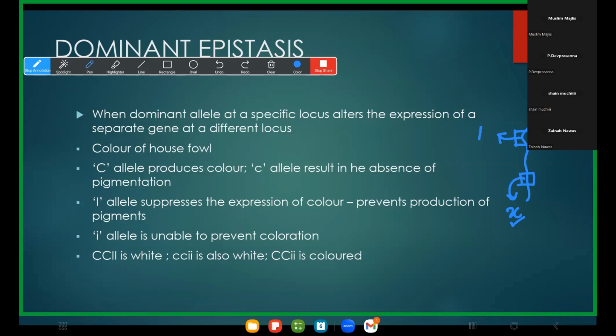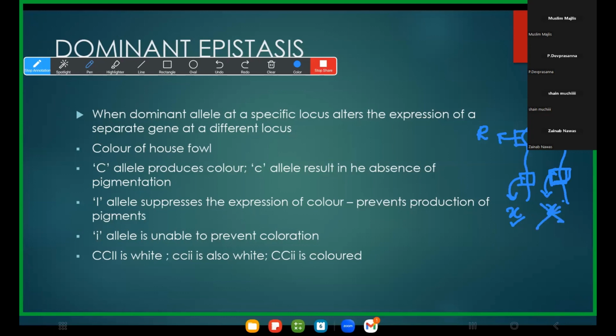So if this is capital R, this would allow this gene to be expressed. If this was simple R at this gene, then this characteristic cannot be expressed.